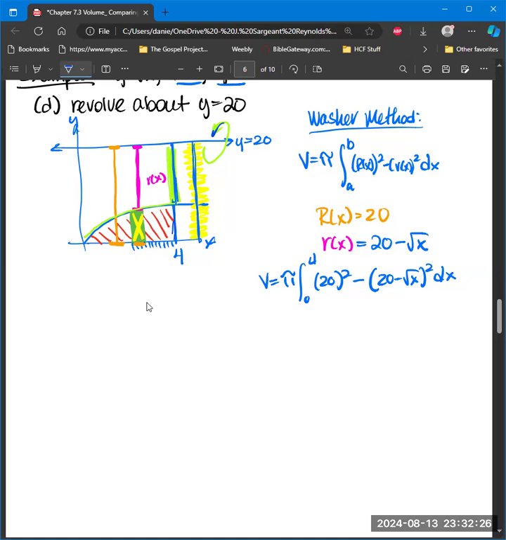So let's just go ahead and do this and say that we have pi and then big R squared here. So that's going to be 20 squared minus little r, which is going to be, we're subtracting off 20 minus the square root of x, it's getting subtracted, square that. So this is going to be pi from 0 to 4 of 400 minus 400 minus 40 root x plus x dx. 400 minus 400 is 0.